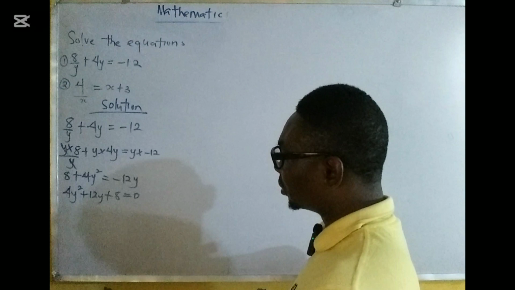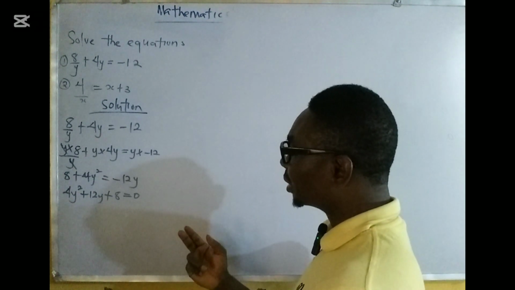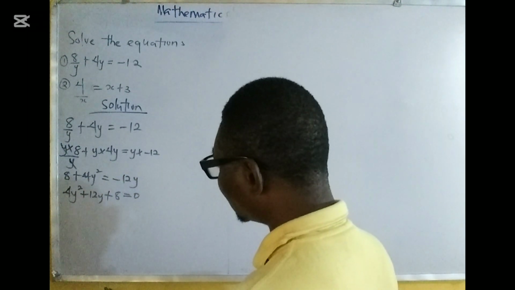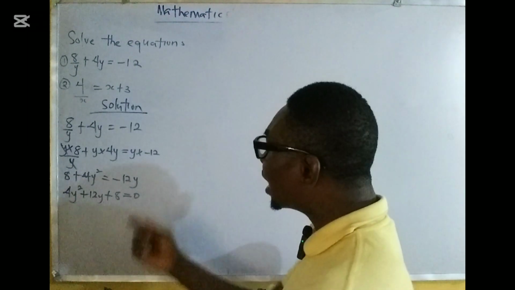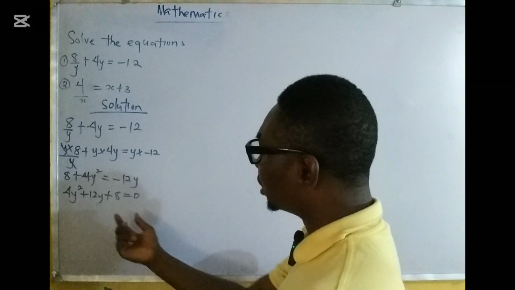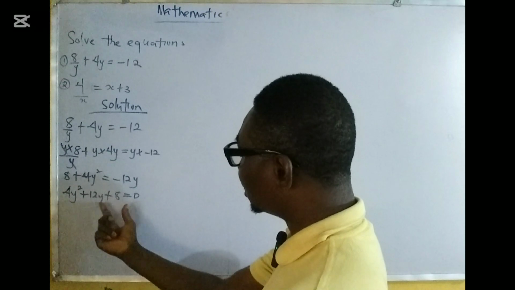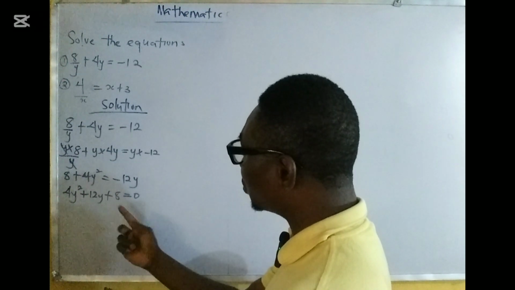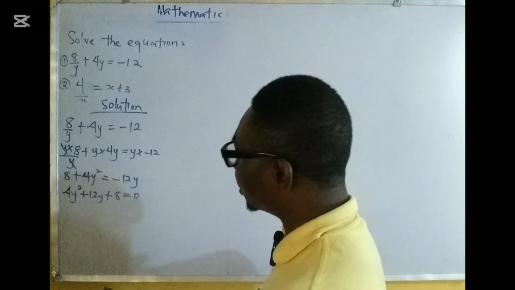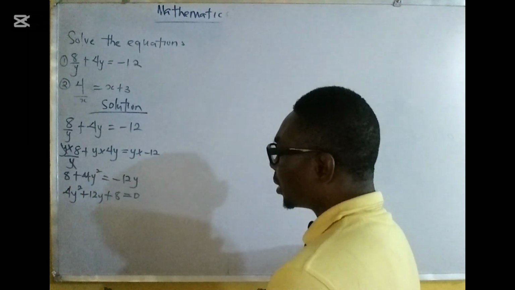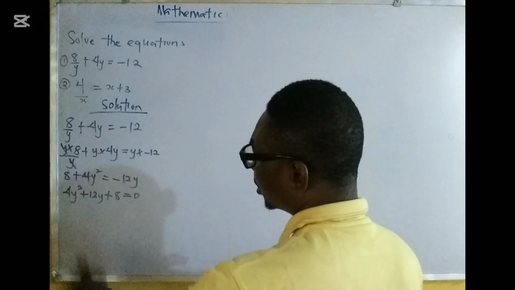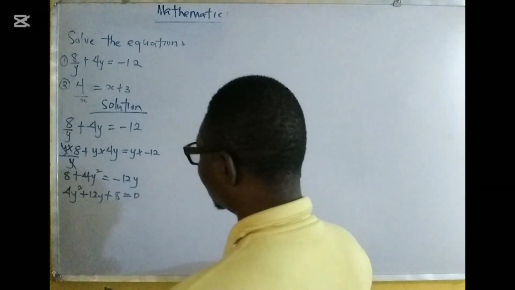Now you ask yourself, what are those two numbers such that when I multiply them, I'm going to get 32, and when I add them, I'm going to get 12, because these 12y and 8y are the ones we are supposed to put into consideration, because it will enable us to get the middle term of the quadratic equation.